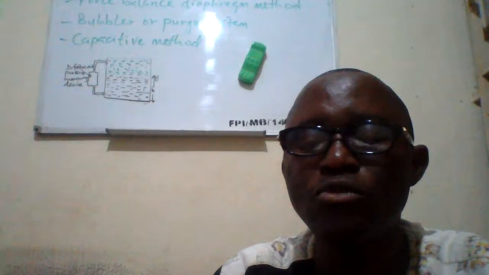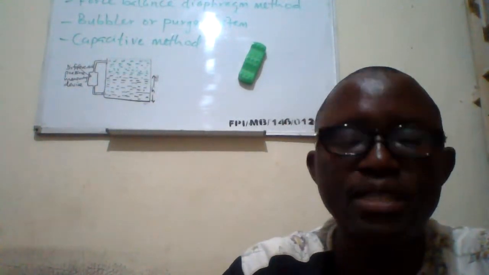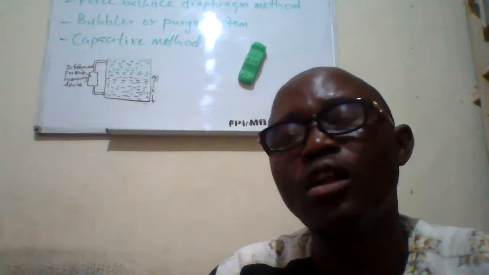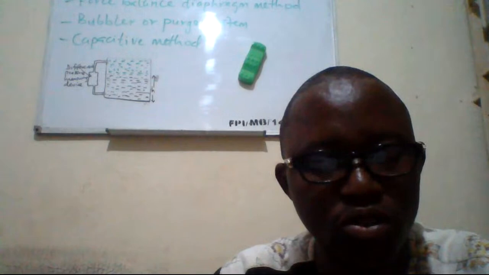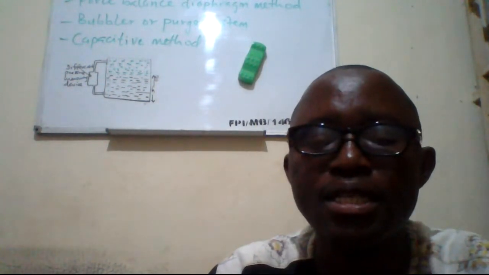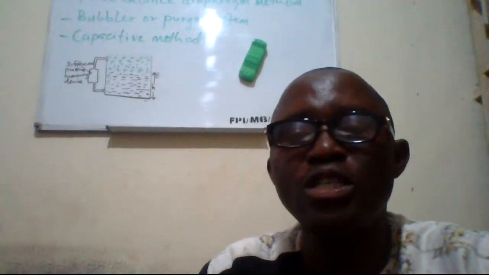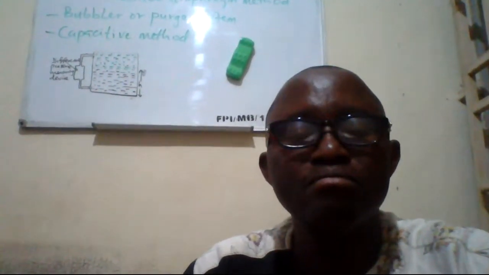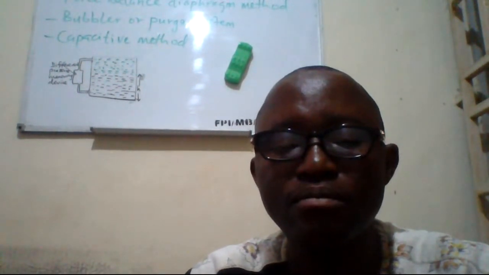And the next system today is the capacitive method of level measurement. Now, the capacitive method of level measurement is another technique by which the height of the liquid in the tank can be determined.